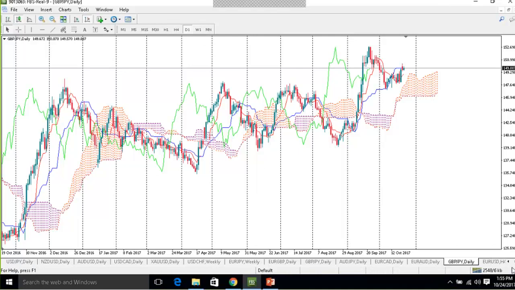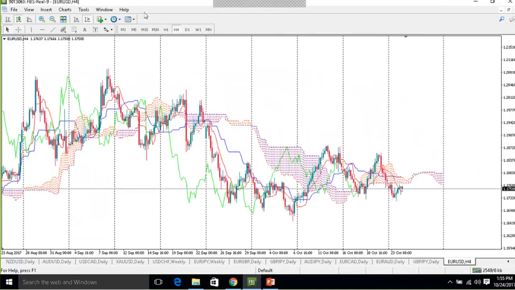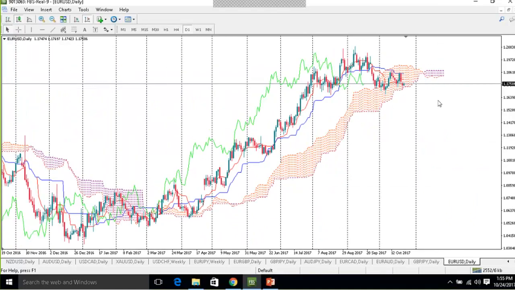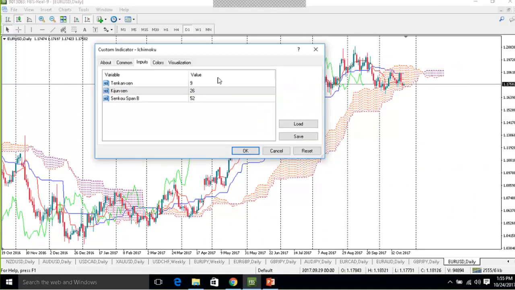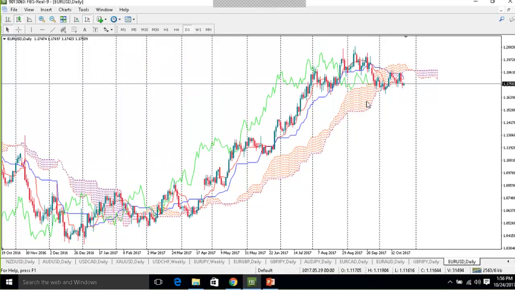I had a look at these changes on the euro-dollar chart actually, and it may be a bit more interesting. So on the daily chart of the euro-dollar, we put 8, 22 and 42. So remember how it looks now. You can see here a change.